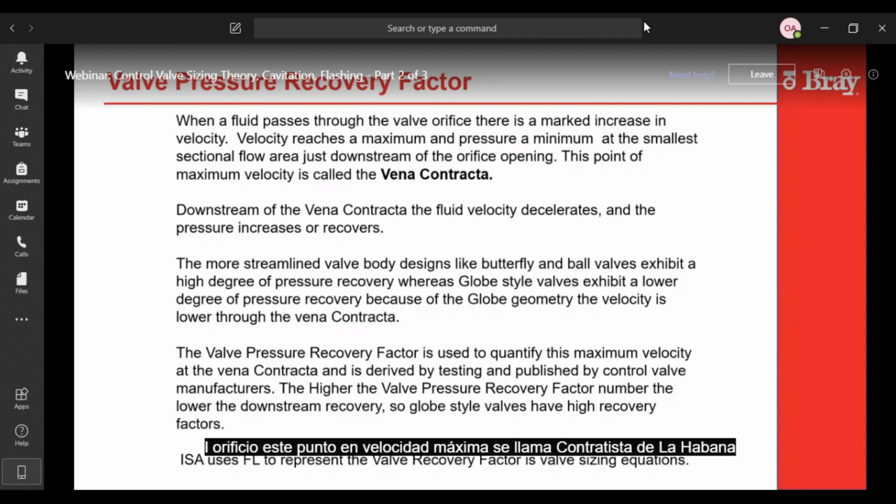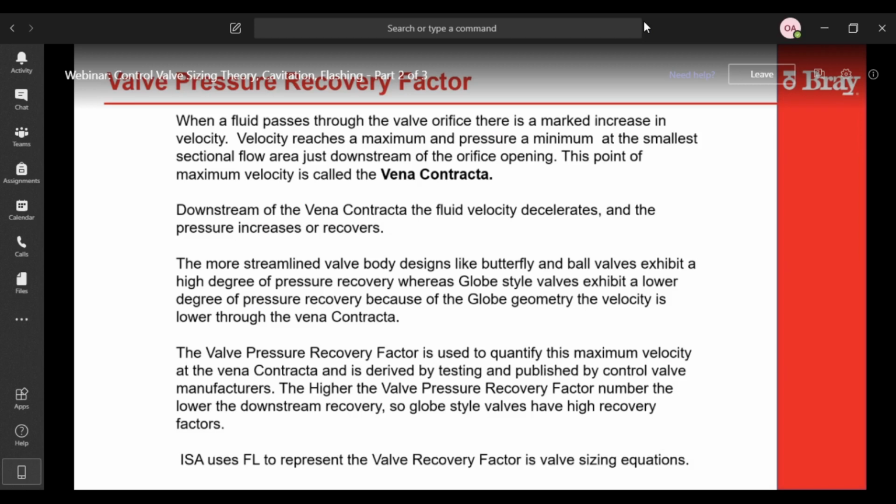So the highest velocity is not where the control valve is actually throttling the flow, it's just past that. Depending on the type of valve, that Vena Contracta may be inside the valve body, the theoretical area, or it could be outside of the body, depending on how long the face-to-face of the control valve is and its internal geometry.